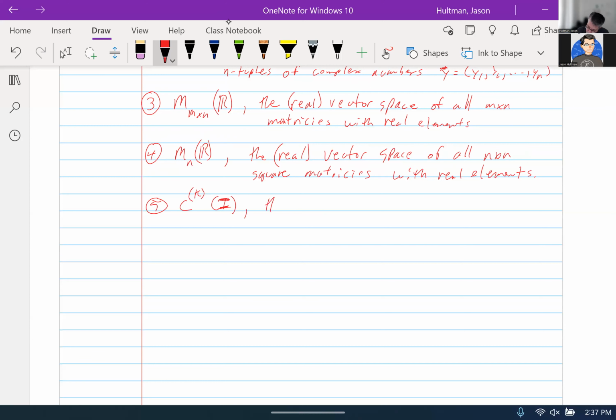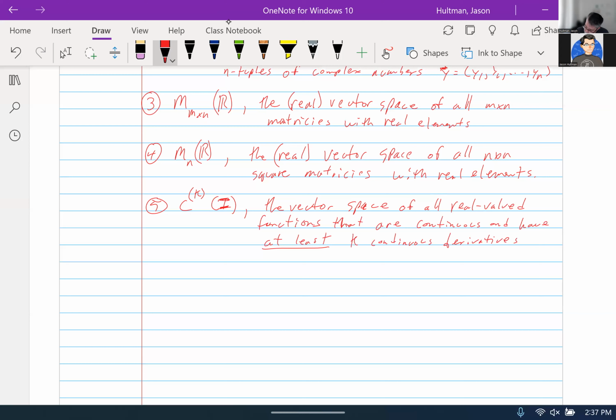This is the vector space of all real valued functions that are continuous and have at least k continuous derivatives on an interval I in R.